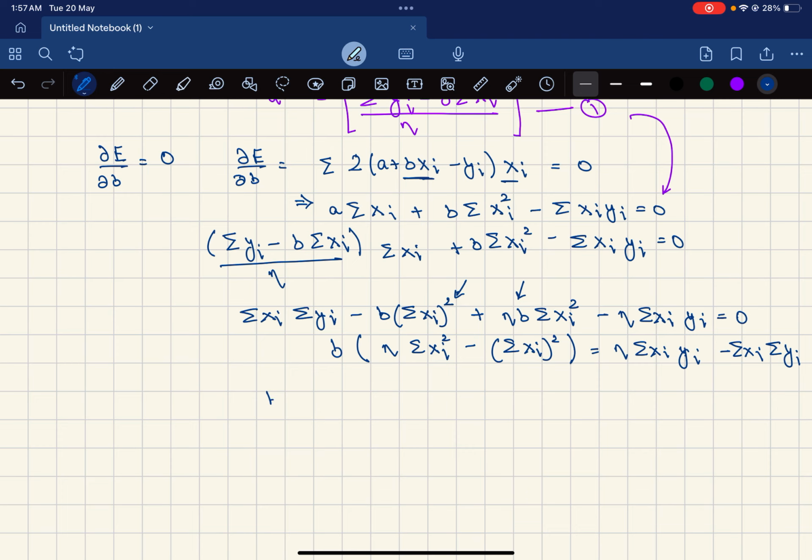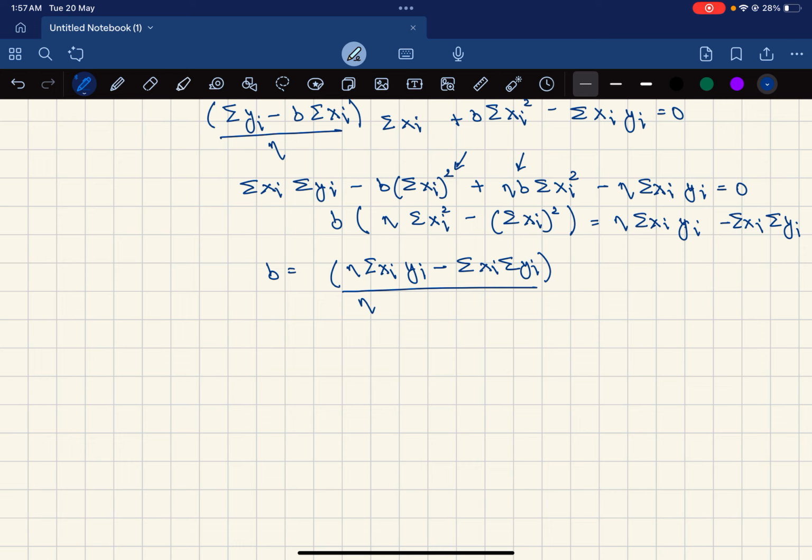So we get the value of b now as n summation xi yi minus summation xi summation yi, whole divided by n summation xi square minus summation xi whole square. So this is the formula to get the value of the slope coefficient.